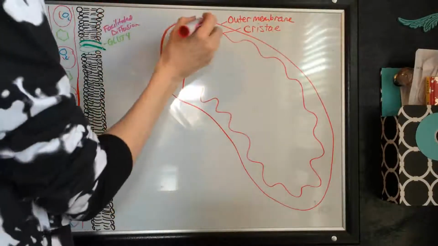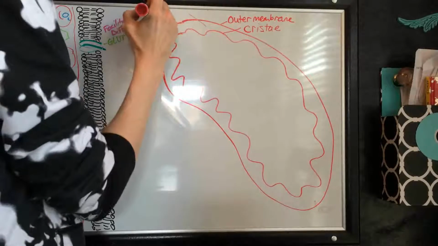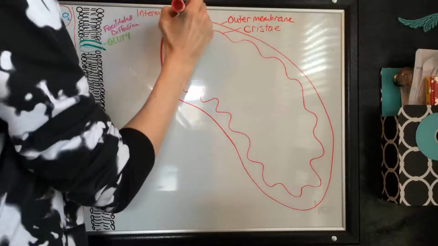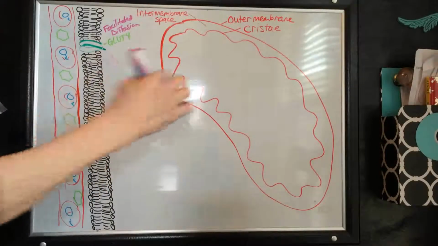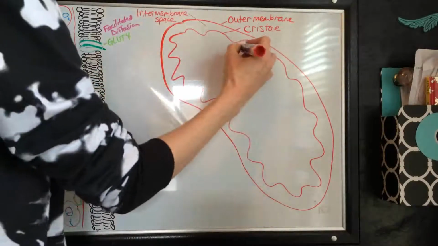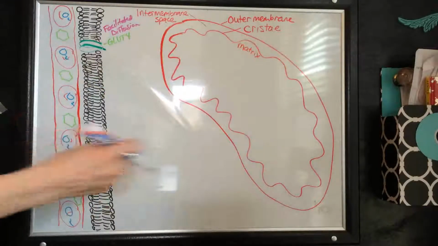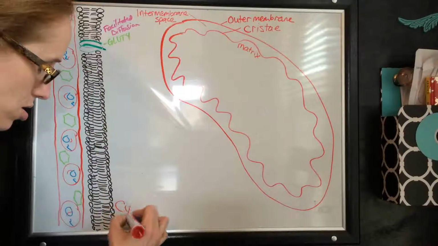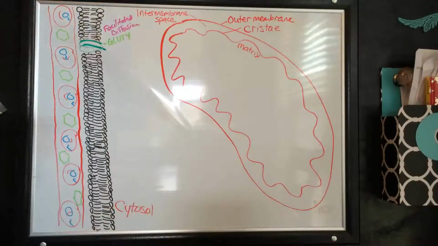And then the space in between the two membranes is the intermembrane space. Scientists are not creative. And that becomes important because we'll see something happen there. And then the very inside is called the matrix. Okay, and then out here, this stuff out here would just be simply the cytosol or cytoplasm of the cell.